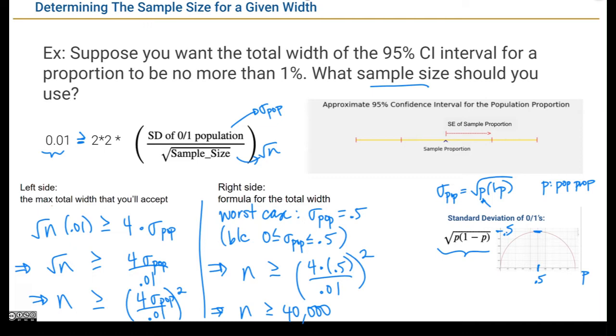So that's conservative in the sense that if my real population proportion isn't 0.5, if it's further away from 0.5, especially really far, then my actual standard deviation of the population will be something less than 0.5, and that will make this number actually less than 40,000. But I'm guaranteed by doing a sample size of 40,000 to cover my bases, even in the worst case. And so I would go out and recommend that you take a sample of size 40,000.